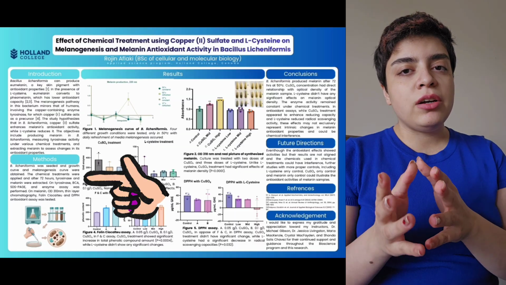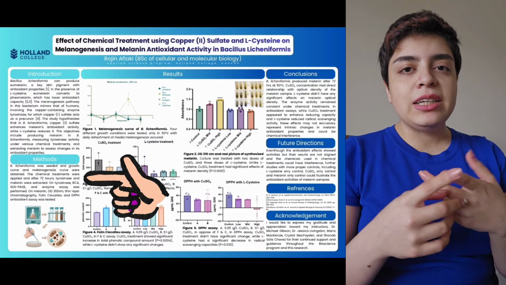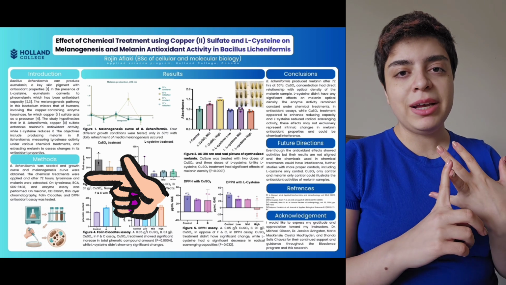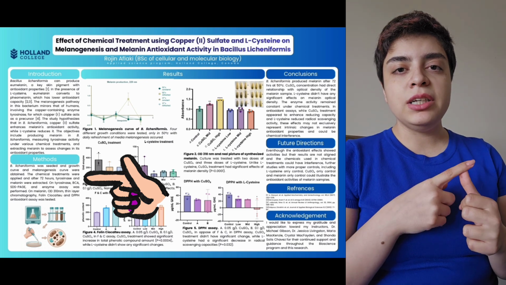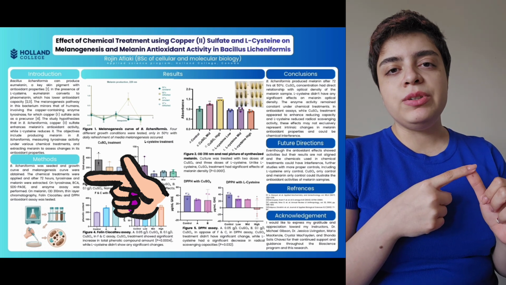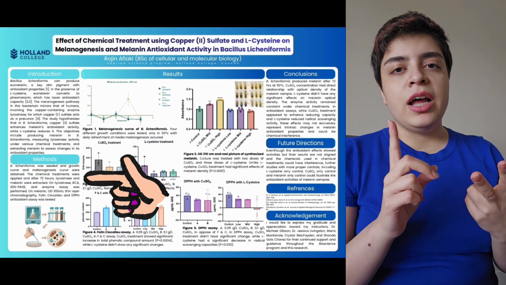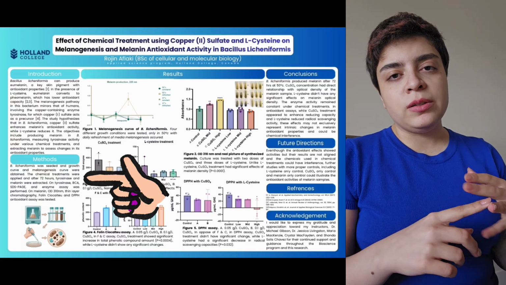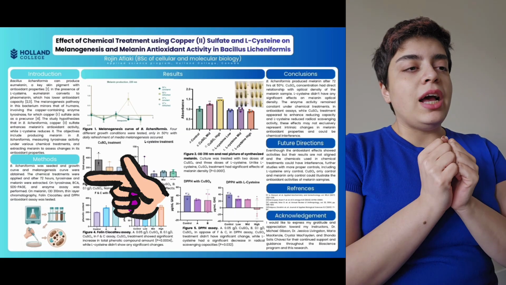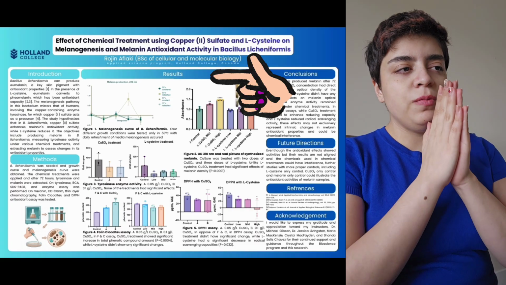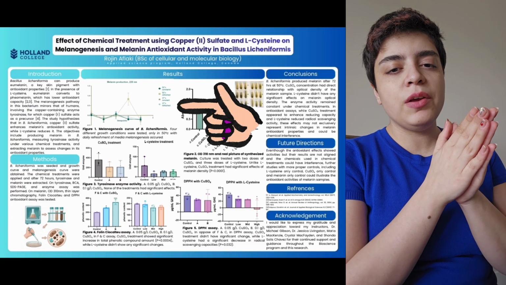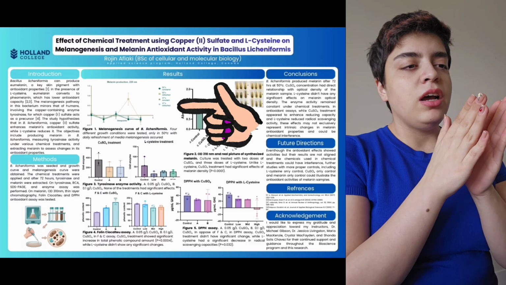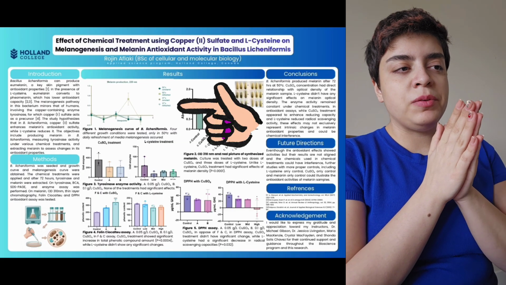On the tyrosinase enzymes, the BCA assay, the SDS-PAGE, and the enzyme assay were performed, and on the melanin, the optical density reading, the TLC, and the DPPH and Folin-Ciocalteu were performed.